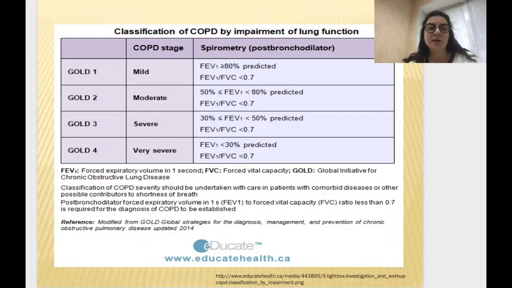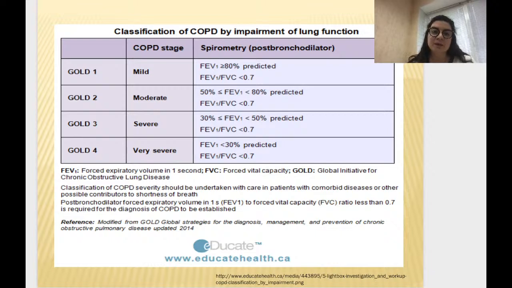COPD is classified into 4 stages: mild, moderate, severe, and very severe, and we name this the GOLD classification, from GOLD 1 to GOLD 4. GOLD 1 is the mild stage of COPD, when expiratory volume in 1 second is preserved in relation to forced vital capacity.